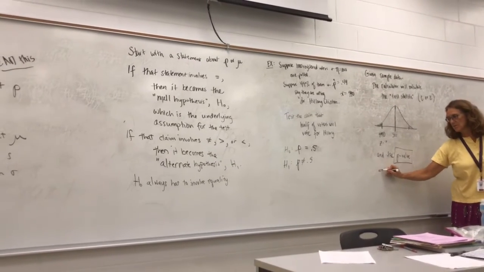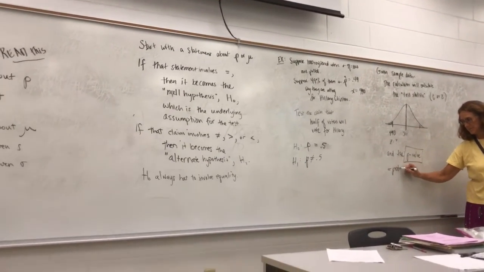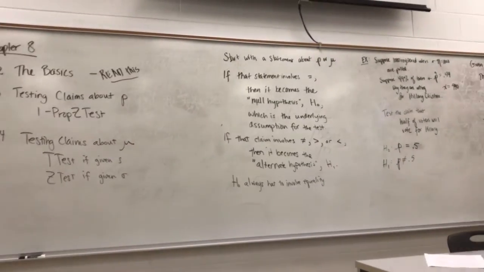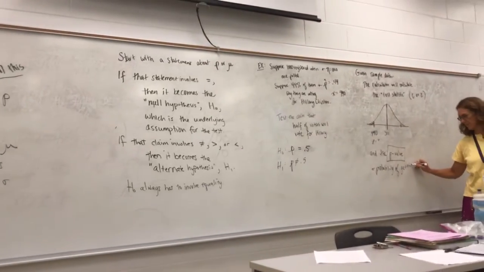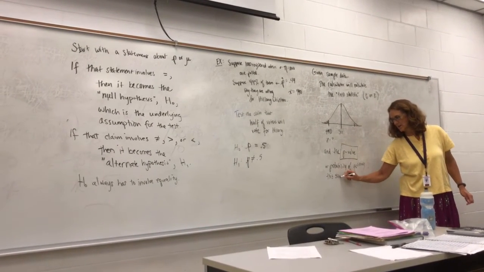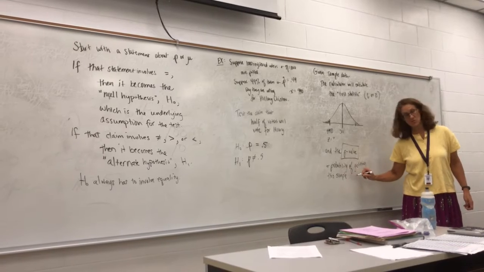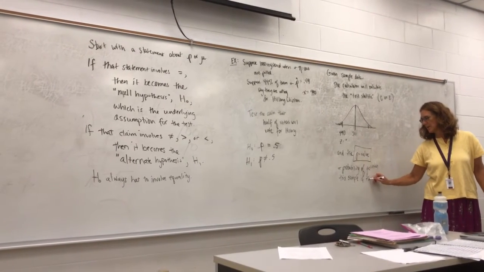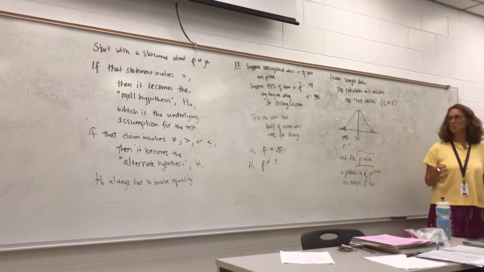What the p-value gives you is the probability of getting this sample if the null hypothesis is true. So under the assumption that the null hypothesis is true, what's the probability we actually would get this sample?